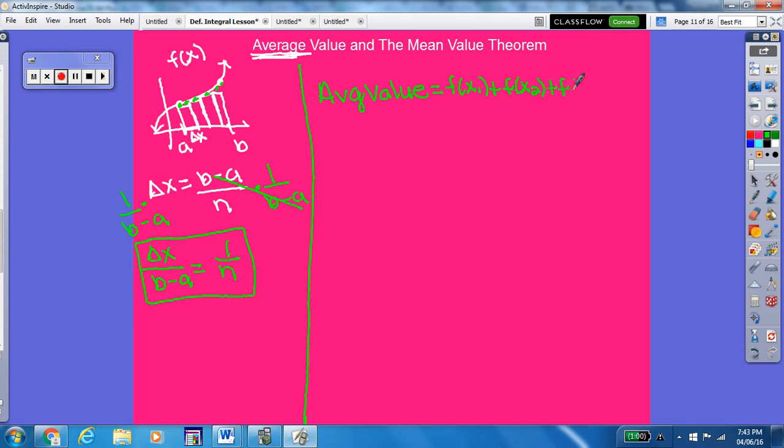And you can see that it can go on forever because it depends on how many you have. Just going to put n for now. Okay. All right. And what we want to go ahead and do is divide that by the number of rectangles, which in this case is n. Cool.